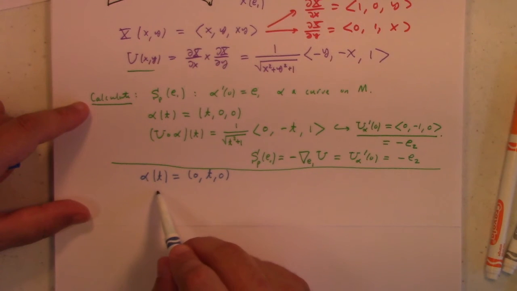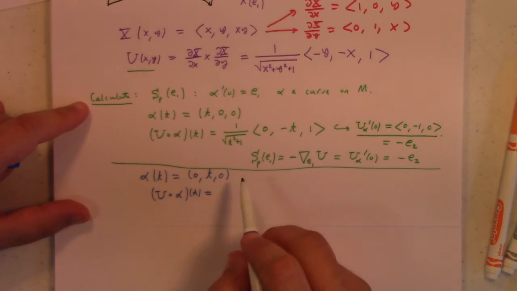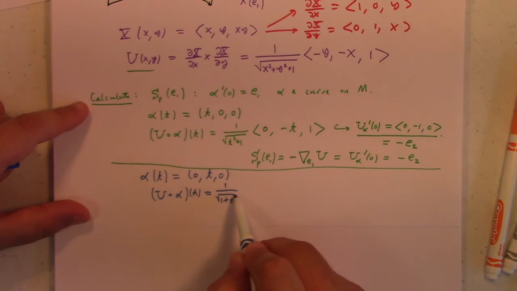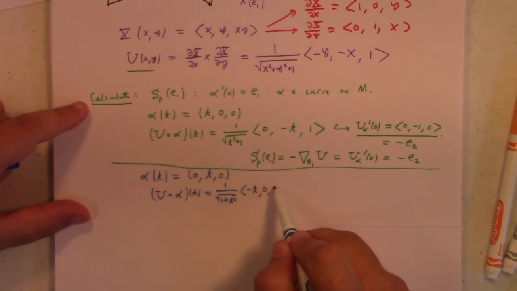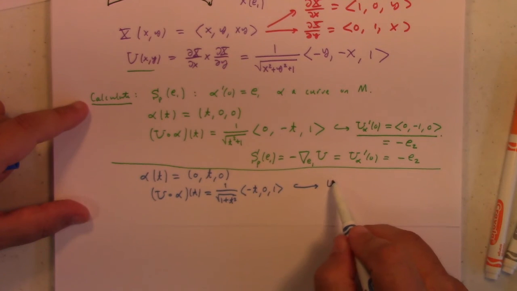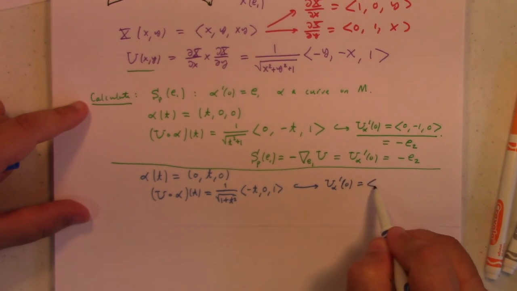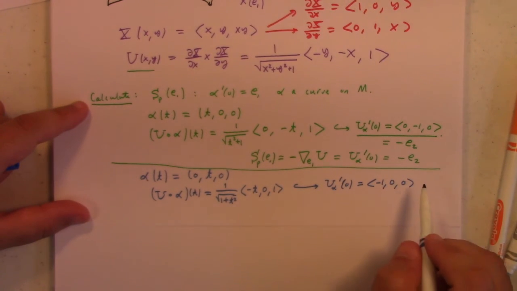When you calculate U composed with alpha of t this time, we get 1 over the square root of 1 plus t squared, times (minus t, 0, 1). And a short calculation, very similar to the one we just did, gives alpha prime of 0 ends up being (minus 1, 0, 0).